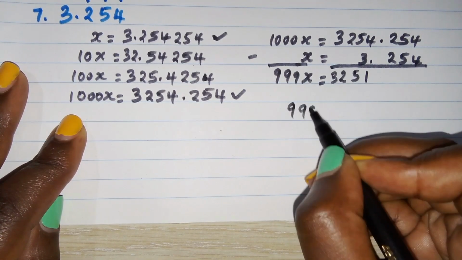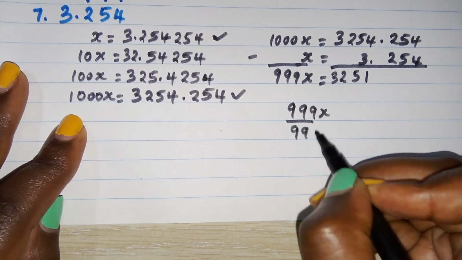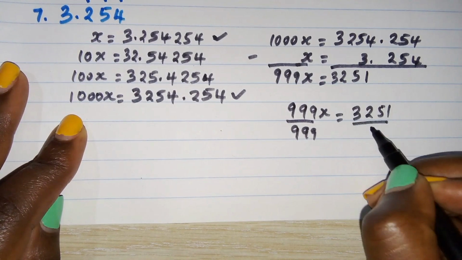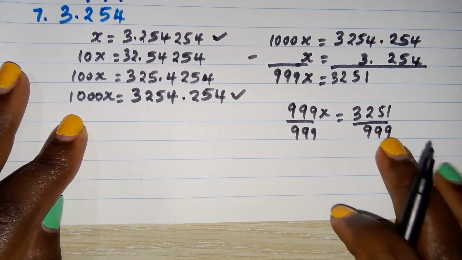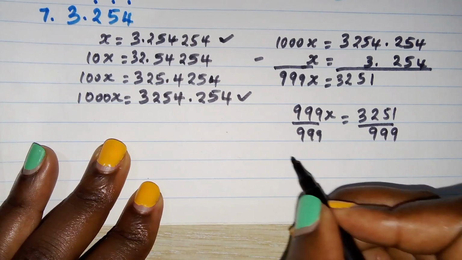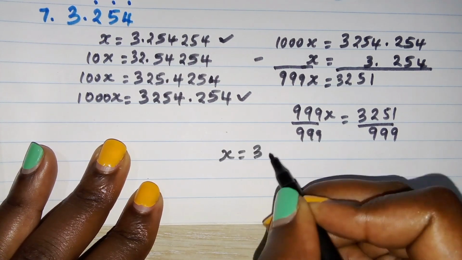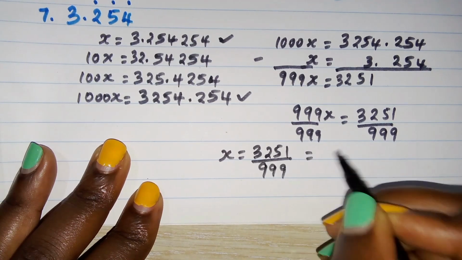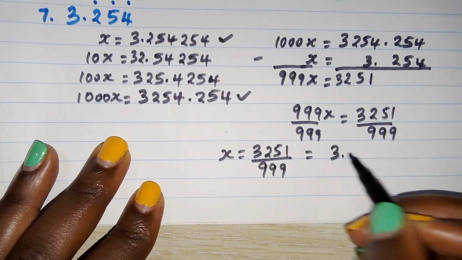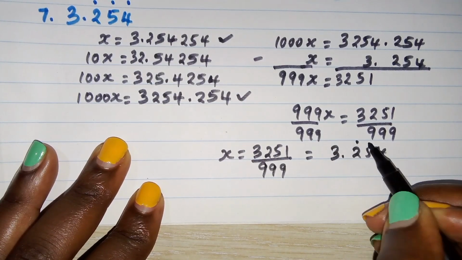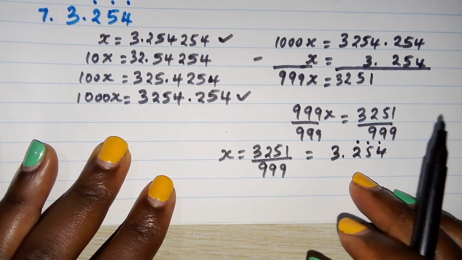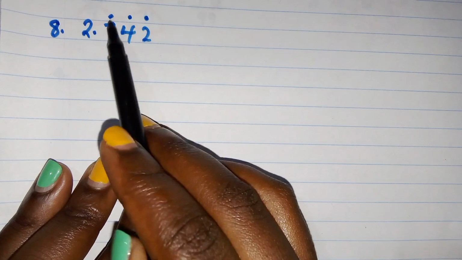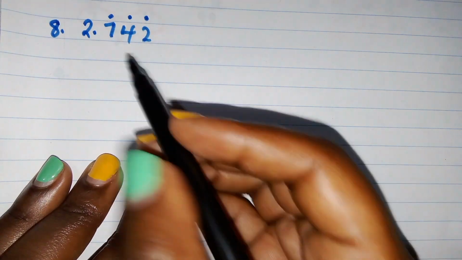So divide both sides by 999. 3251 all over 999. And therefore x equals 3251 all over 999. That's the same as 3.254. So these three are recurring. That's the fraction. Last but not least, number 8, 2.7 recurring, 4 recurring, 2 recurring.